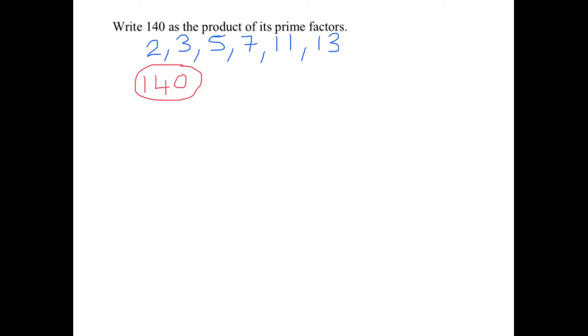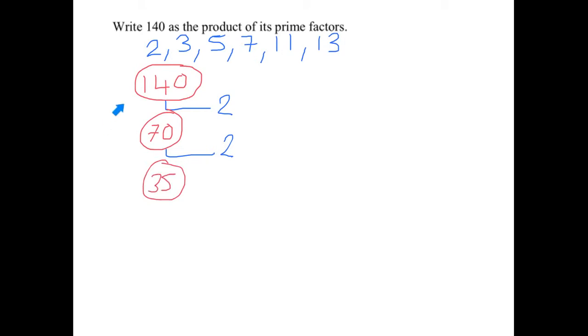Well, the answer is yes, I can divide it by 2, and that will give me 70. I ask myself the question again, can I divide this new number 70 by 2? Again, the answer is yes, so I divide that by 2 to give me a value of 35.